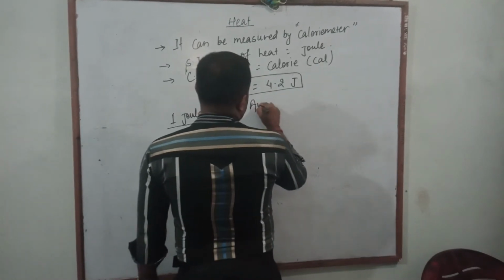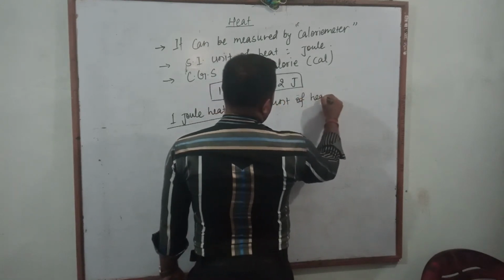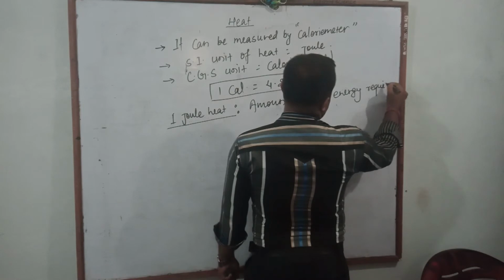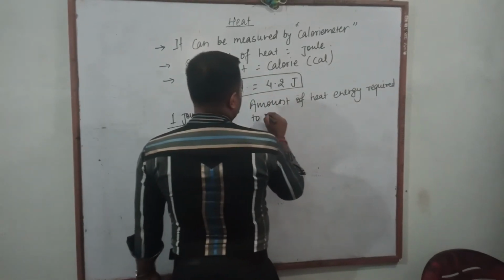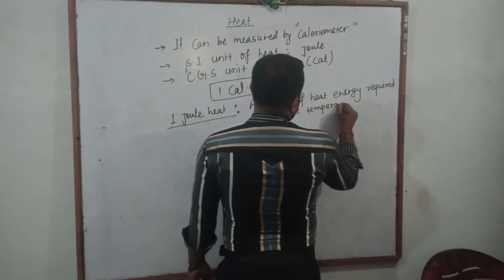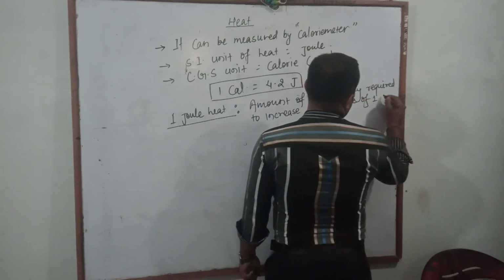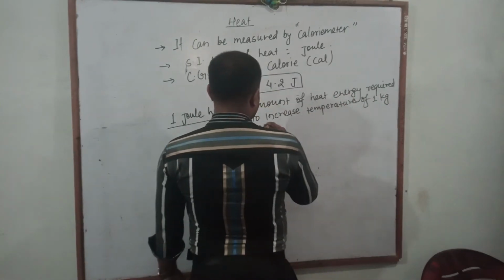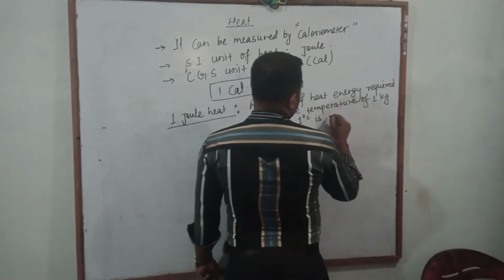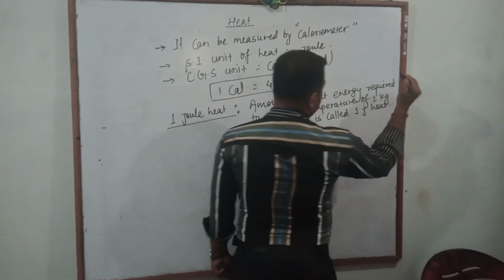Listen: the amount of heat energy required to increase the temperature of 1 kilogram of water by 1 degree Celsius is called 1 joule of heat energy or 1 joule of heat.